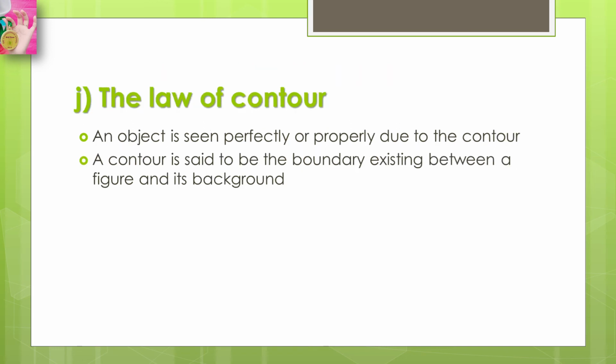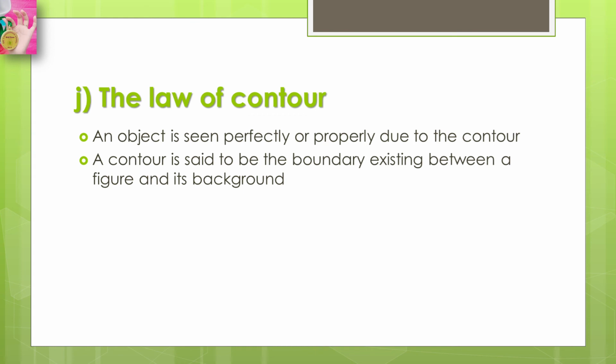Now the next is the law of contour. According to this principle, an object is seen or perceived perfectly due to the contour. A contour is the boundary existing between a figure and its background, and the degree of quality of contour separating the figure from the ground is responsible for indicating to the perceiver to organize the stimuli or objects into meaningful patterns of perception.